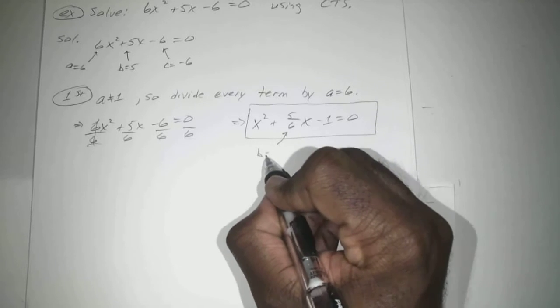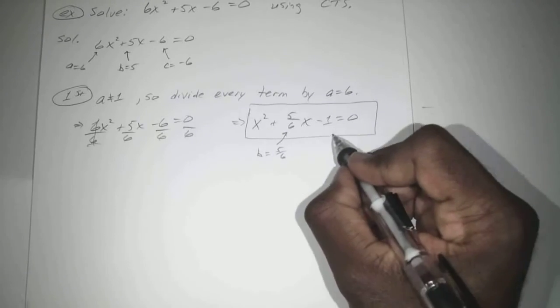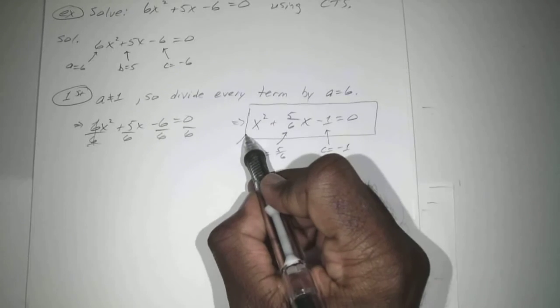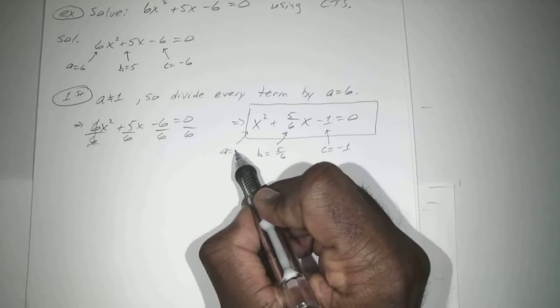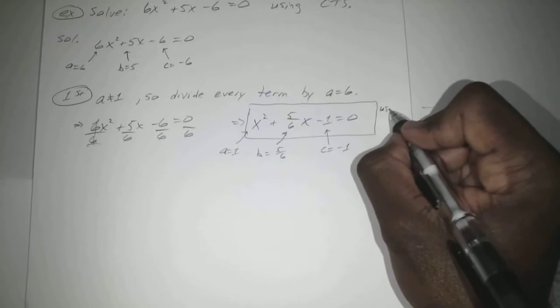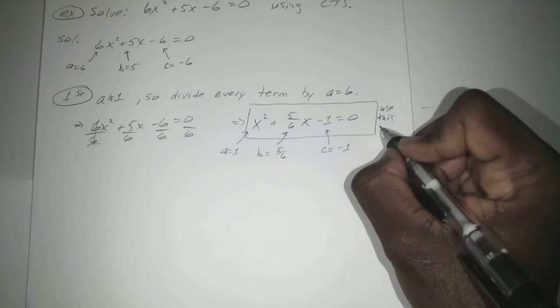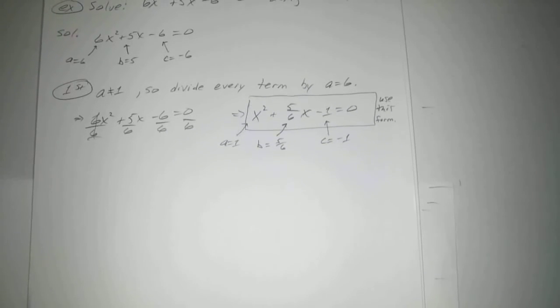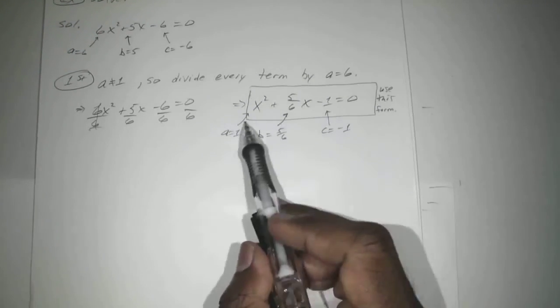So now B is equal to 5 over 6, your C is equal to negative 1, and finally, your A is equal to 1. So this is the one we're going to use.